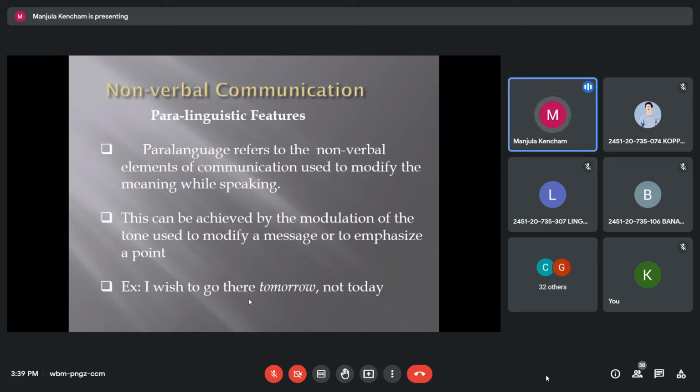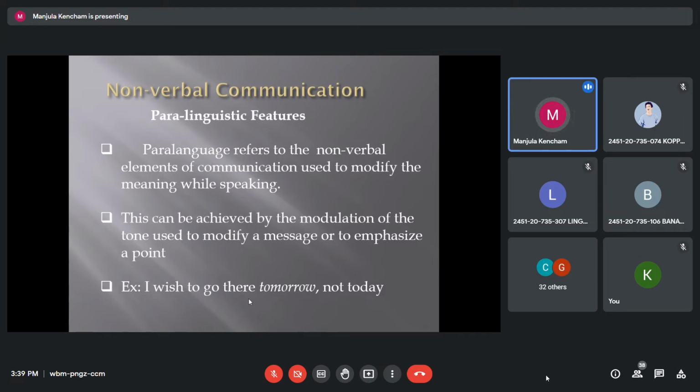Then the other aspect of nonverbal communication is paralinguistic features. Paralinguistic features refer to those that are beyond language. They are beyond language, but they assist in improving your language use. So when you speak, sometimes you may question, sometimes you may tone down, sometimes you may shout in excitement, or some other thing may be repeatedly employed by you as a particular technique.